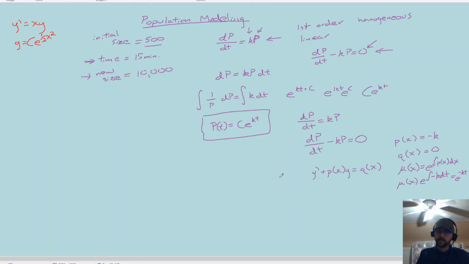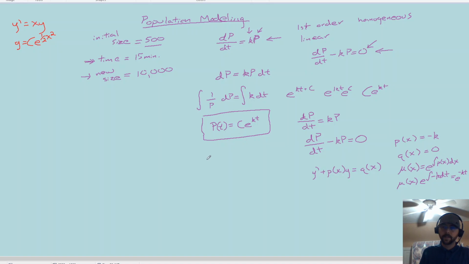So now what we're going to do is take this mu of x, which we figured to be e to the negative kt, and multiply both sides of our equation, which was the derivative of the population with respect to time minus k times population equals 0. Hopefully this still works when it's equal to 0. Most of our example problems it was not equal to 0, so it should still work.